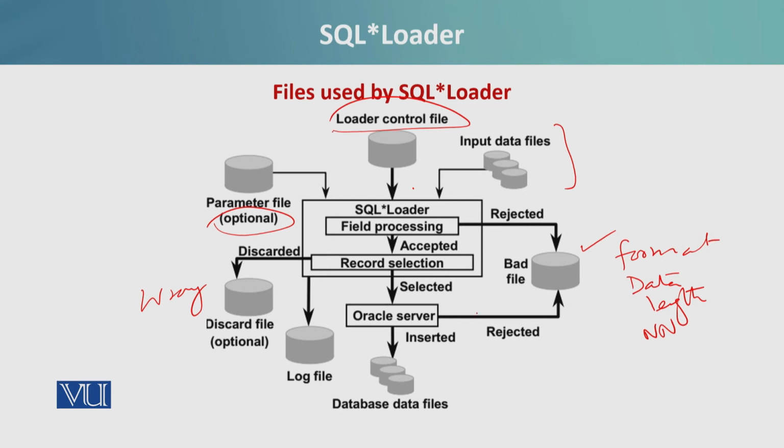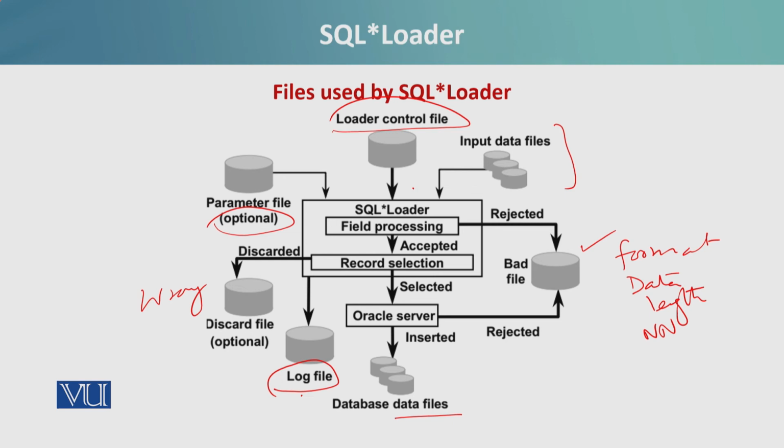Once these are done, database data files are managed with this. Log files are created to show how our execution is going on. So this is how SQL Loader works, and based on this we will further explore separately how these tasks are properly managed, and later we will try to do experiments on that basis.